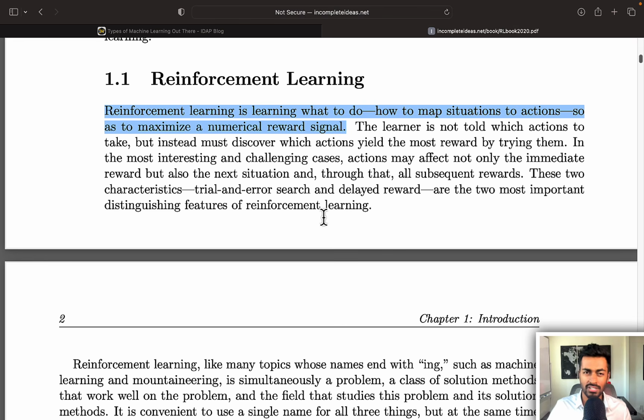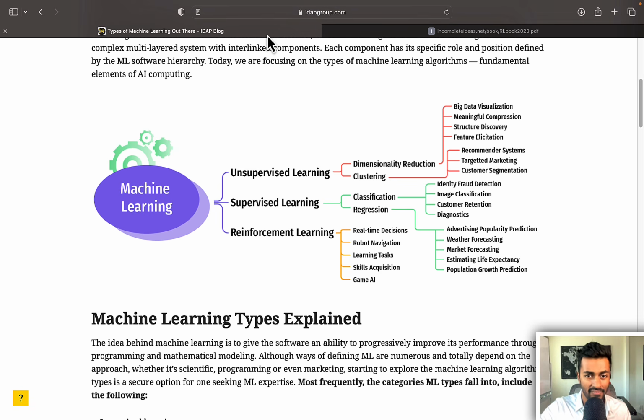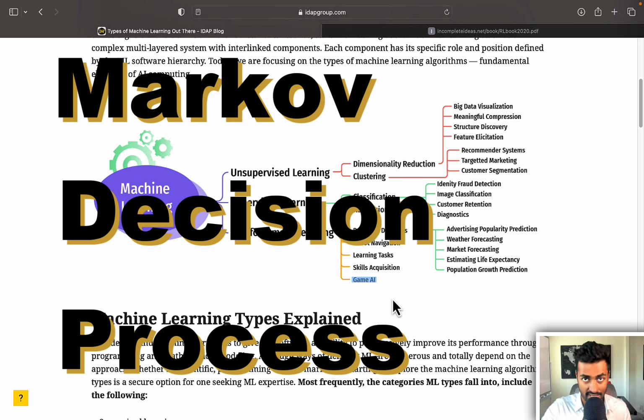Now, this definition is great, but it's kind of vague, and the idea now is how exactly do I go about thinking about building a robot that knows how to navigate the world, or building some game AI? We can do so with a theoretical framework called a Markov decision process.